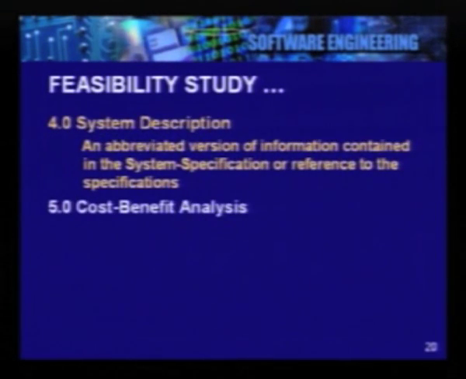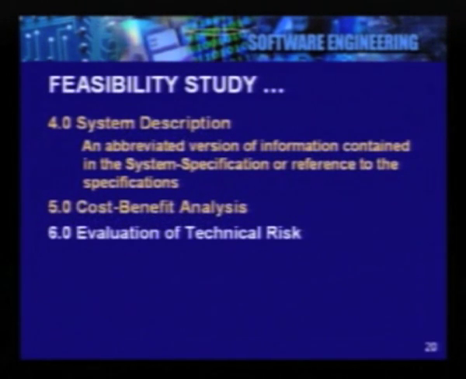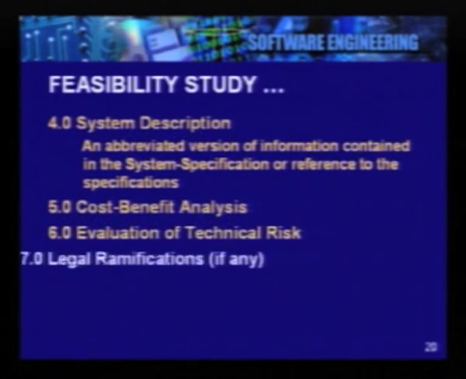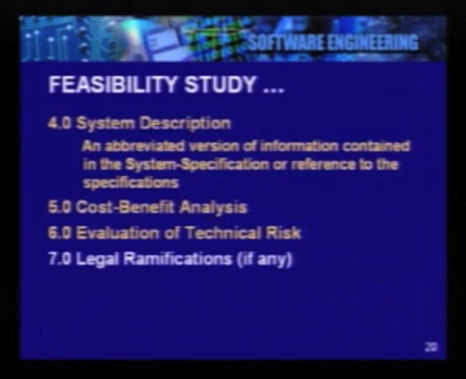You will do a cost benefit analysis of that alternative. You will also look at the technical risks, any other legal ramifications or operational risks. So, all these different alternatives would be presented in the report from economic, technical and operational feasibility point of view and any other project specific topics.